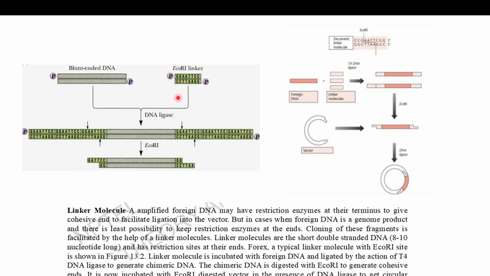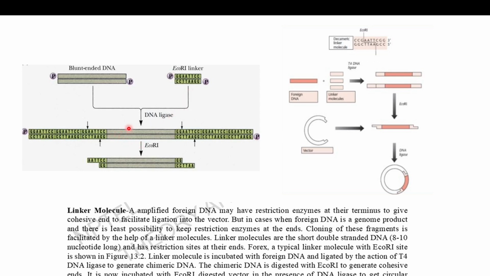Suppose for EcoRI, the sequence is GAATTC. You ligate this sequence to the blunt-ended DNA. The DNA has a free 5' phosphate and a free 3' OH group, and the linker sequence also has a free 5' phosphate and a free 3' OH group. Using ligase enzyme, we join these two sequences.